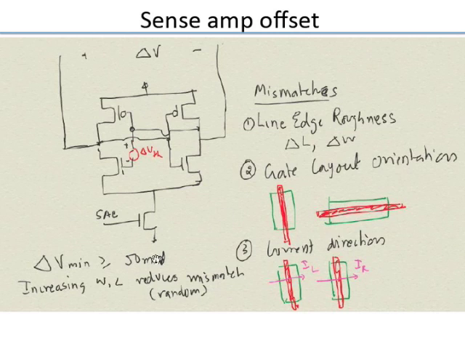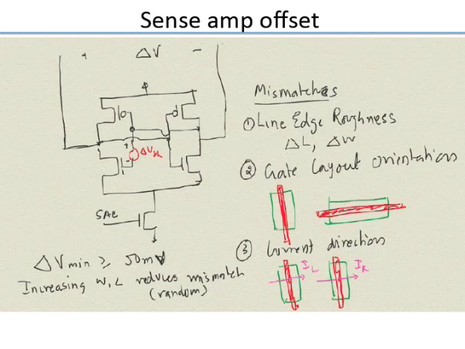But you do all of that and you still end up with about 50 millivolts, because you still have the random mismatch. The only way to deal with random mismatch is averaging. If you have uncorrelated variations and you do averaging, the standard deviation goes down. Increasing the size of the transistor is like averaging. It's like putting many little transistors in parallel. Each one has a small variation, but with so many in parallel the standard deviation goes down by the square root of the number of things in parallel.